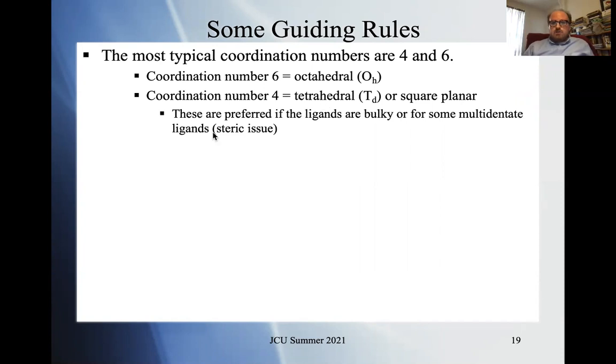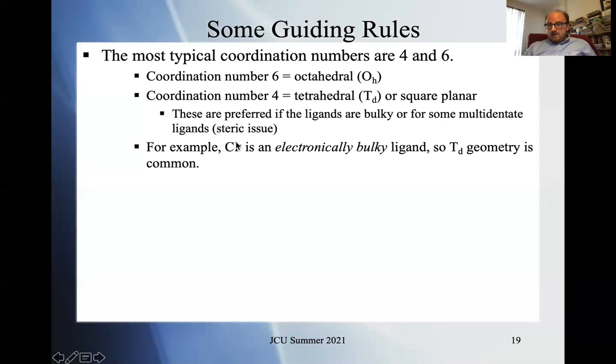Now, coordination number 4 is preferred if the ligands are bulky, meaning that they're physically big, or as we'll see, electronically big, or in some multidentate ligands that are just rigid, right? If a ligand is rigid, it may force a complex to be a certain geometry.